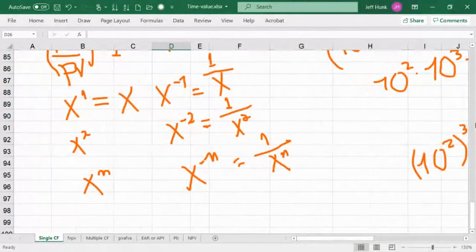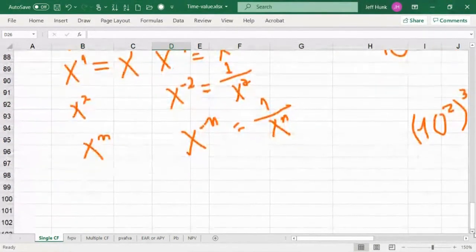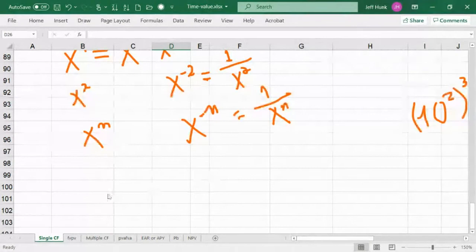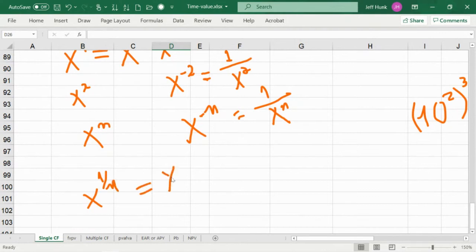And then we also know that x raised to 1 over n is the nth radical of x, right?